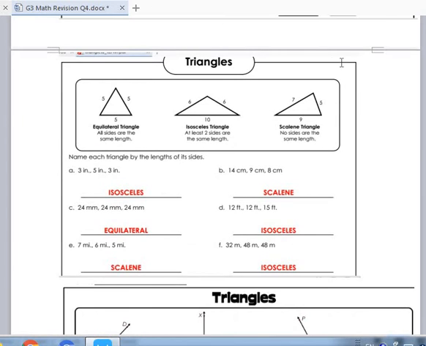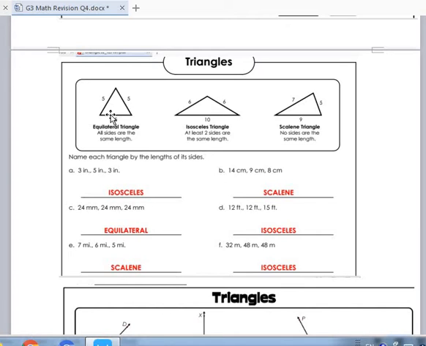Moving to the triangles. We can classify our triangles according to their side lengths or according to their measure of angles. Here I am classifying my triangles according to the lengths. So if I have 3 sides equal in length, it's called, do you remember?